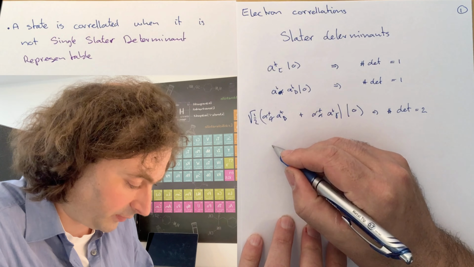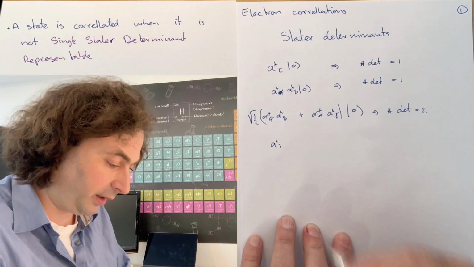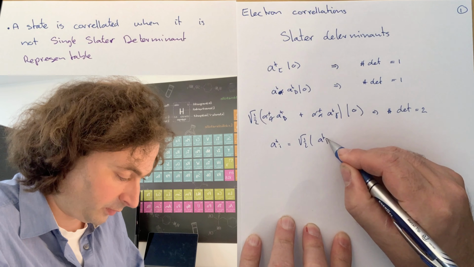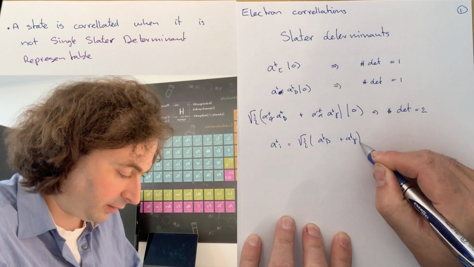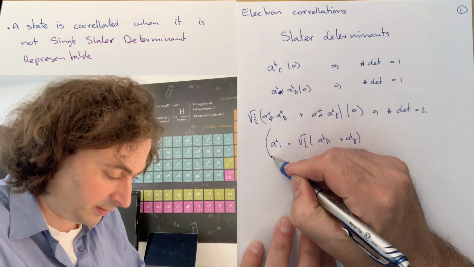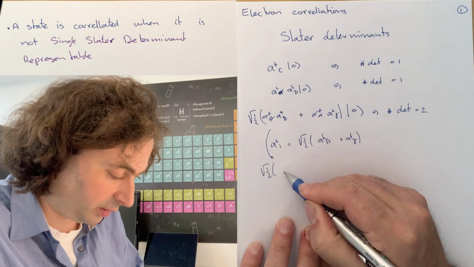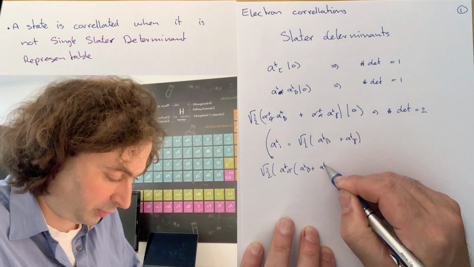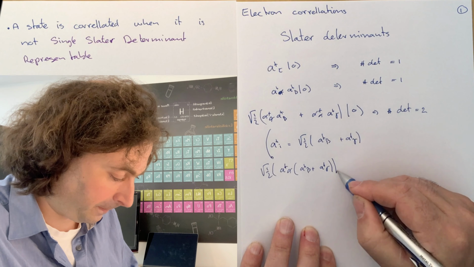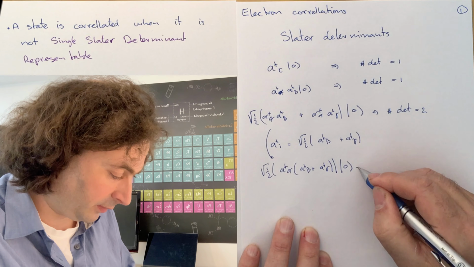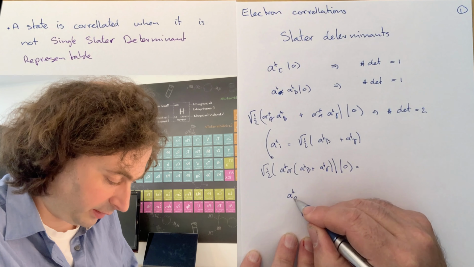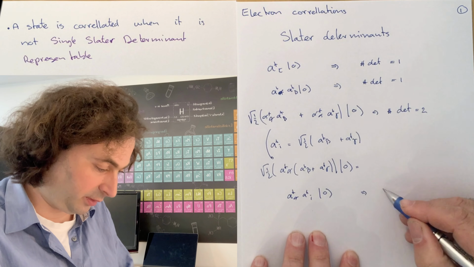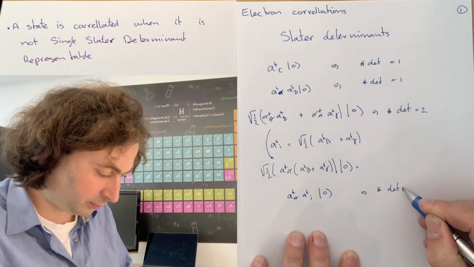And there is. If we define the state i equal to the linear superposition of beta and gamma, then we find that this state, which is square root of half, create particle in alpha, create particle in beta plus gamma, acting on the vacuum, is equal to a dagger alpha, a dagger i on the vacuum, and therefore given by a single determinant.